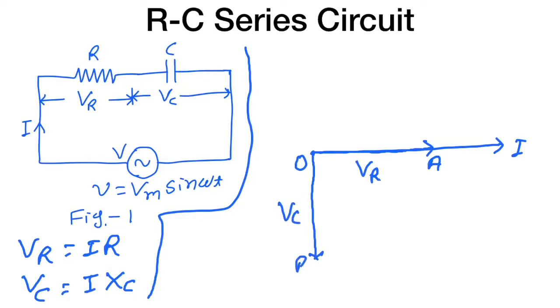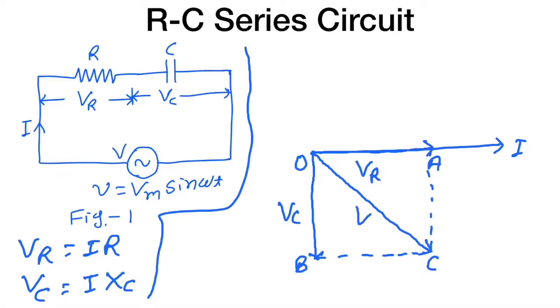Vector OB represents the voltage across the capacitor Vc. Now vector addition of VR and Vc will give the supply voltage V. So the vector addition of VR and Vc, the OC vector, gives the supply voltage V.